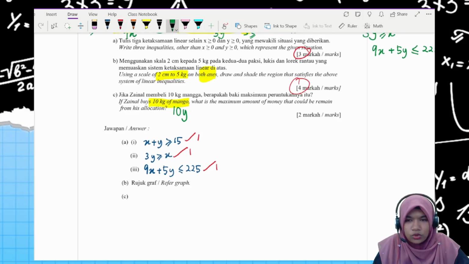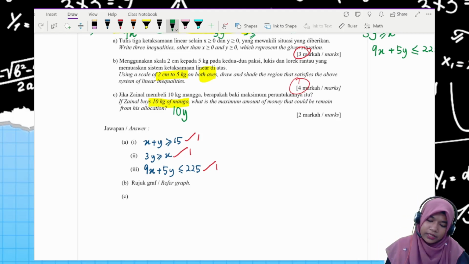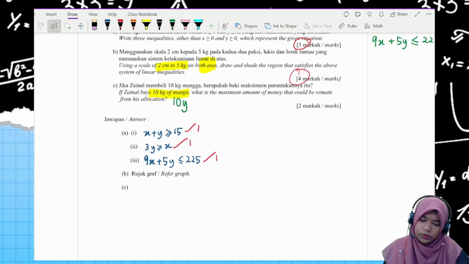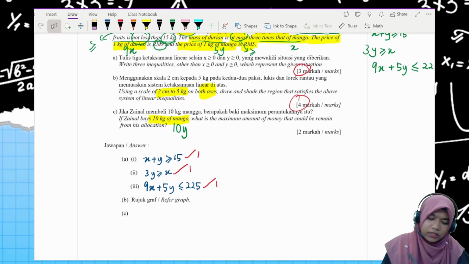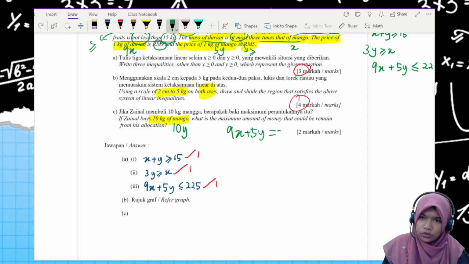Right, so how to solve this question? You have to understand. If Zainal buys 10 kg of mango, what is the amount of money that could remain? This one involves the equation 9x plus 5y equals to 225.